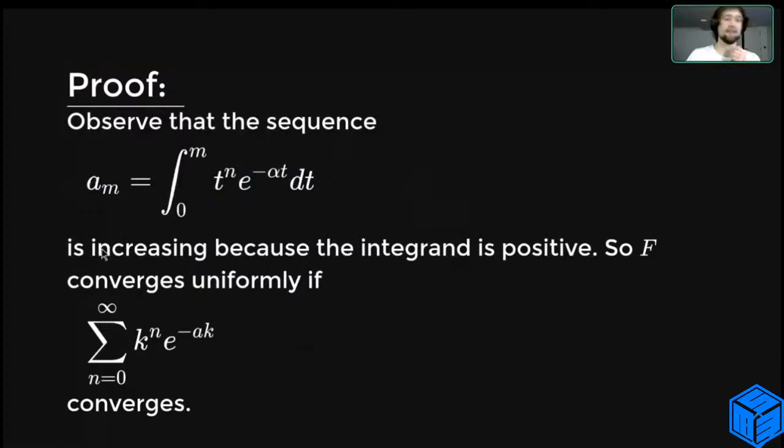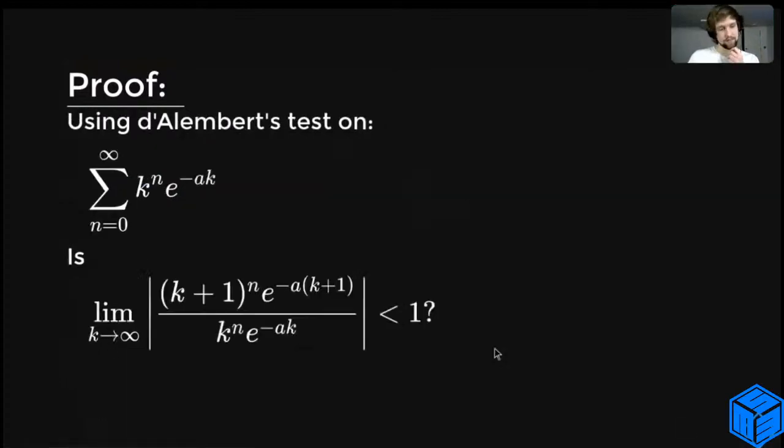I'm saying that it's increasing because the integrand is positive. So f will converge uniformly if this sum converges. Because you might be familiar with monotone convergence, things like that. This sequence is monotone. It'll hit the same integral that we want to see from earlier. And we just need to show that this converges.